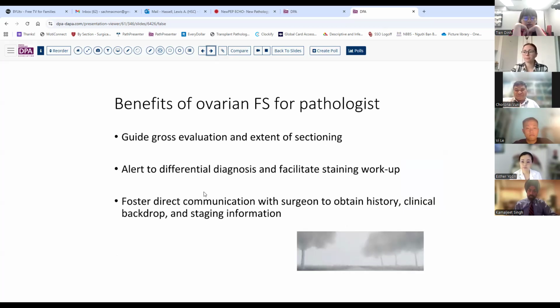It can also be a great benefit to communicate with the surgeon about what they see in terms of extent of disease, recognizing that nodal evaluation may differ for different situations as well. This can be very important to help you as a pathologist.